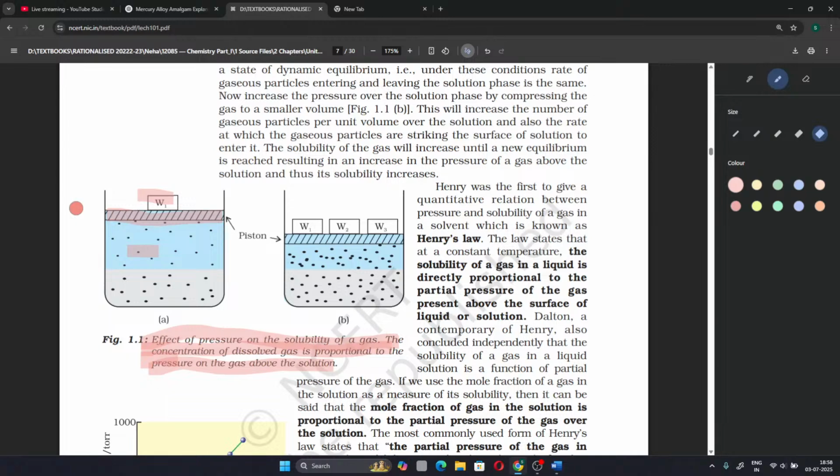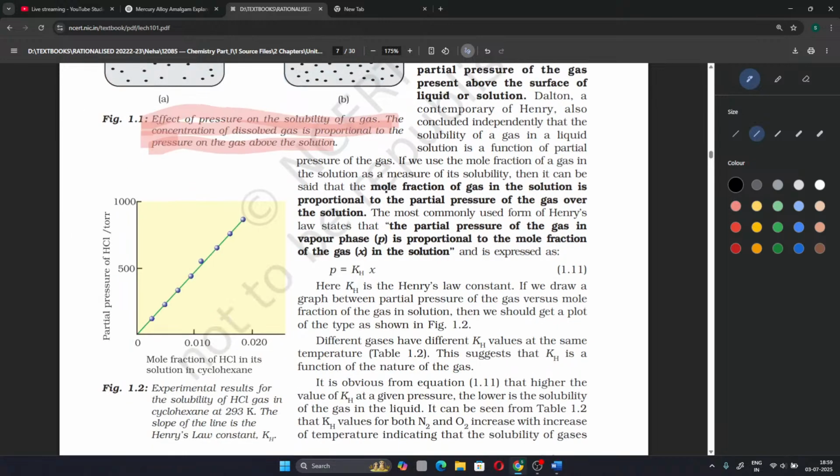In this case, at low pressure there is less dissolution, less solubility. But in this case where the pressure is high, solubility is also high. This is the partial pressure of HCl.